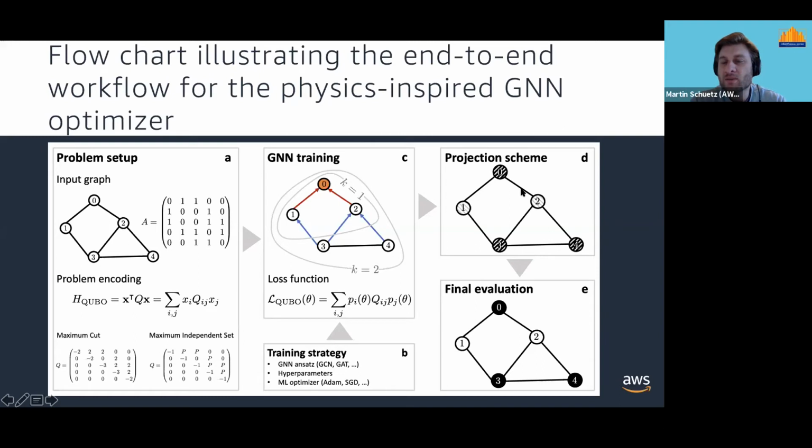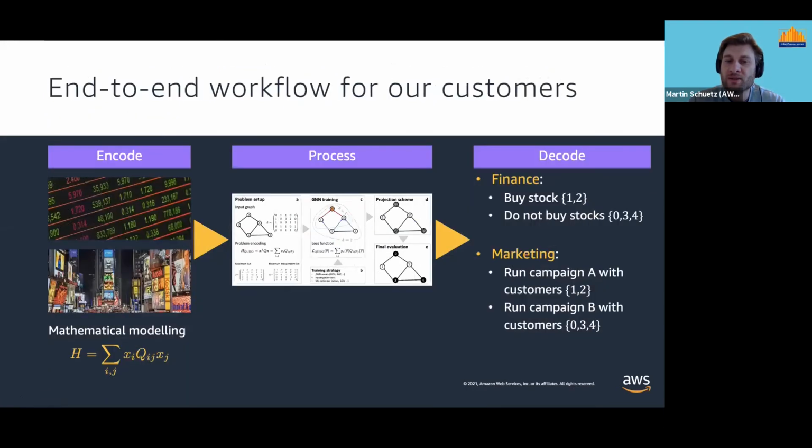Once training completes, we get soft probability assignments, as schematically depicted here with these shaded colors. Then to come back to the original integer problem, we take these proposed assignments and make them hard assignments. So every node is now either colored black or white, and that is essentially the final bit string that represents the solution to your combinatorial optimization problem.